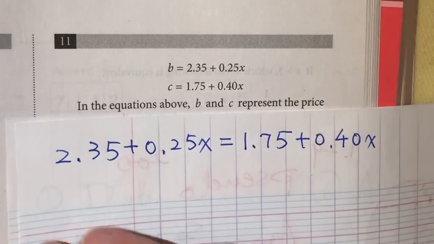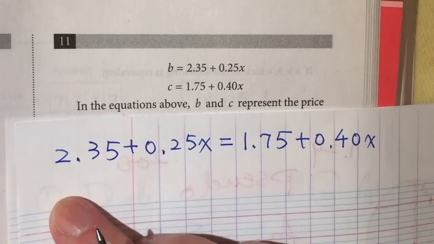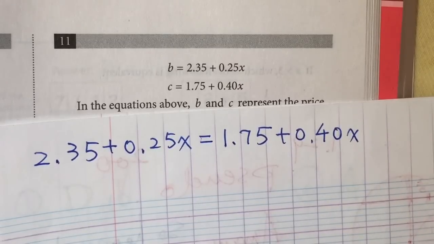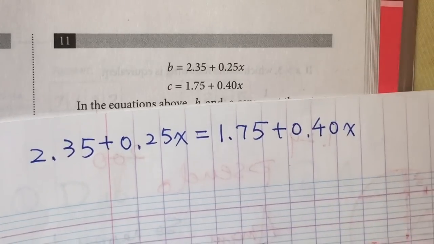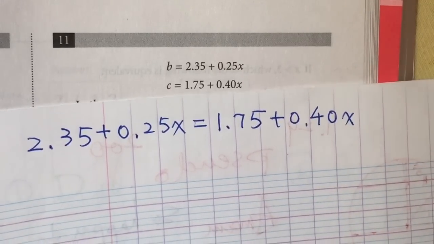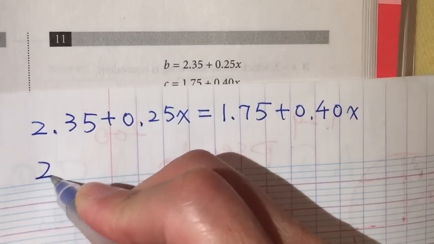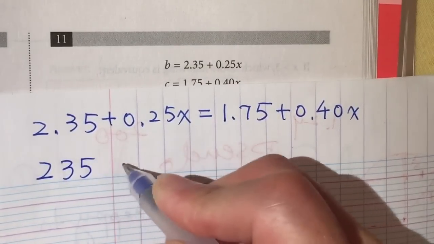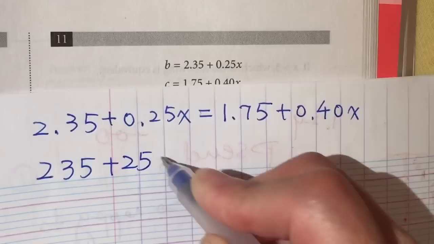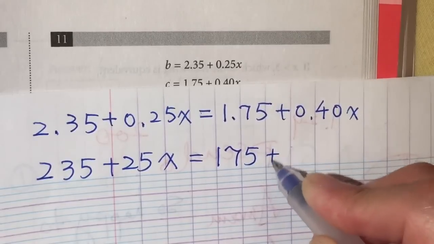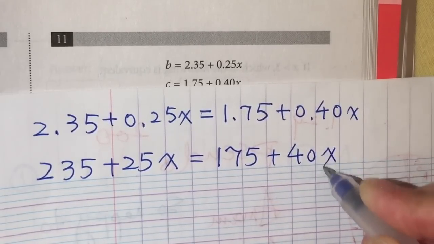How about we multiply the left side by 100 and the right side by 100? They are both multiplied by 100, so the equation still holds. 235 plus 25x equals 175 plus 40x.